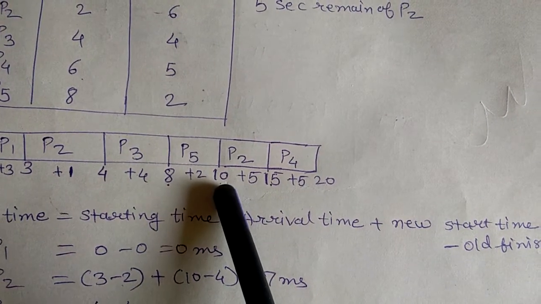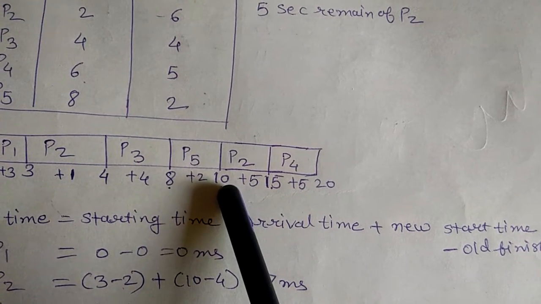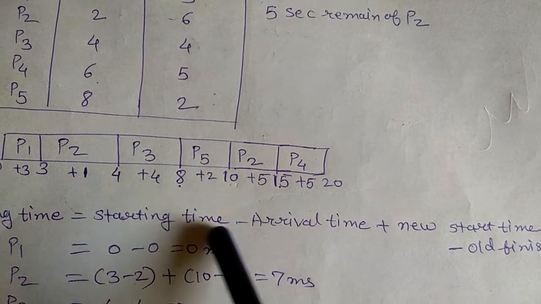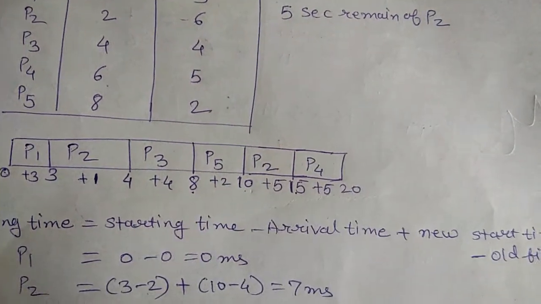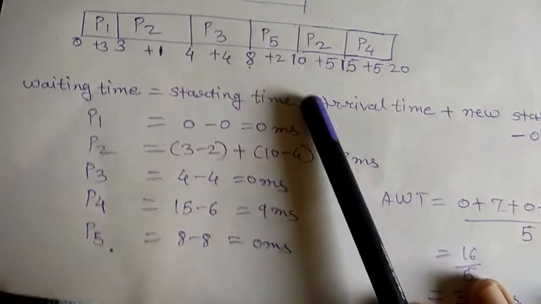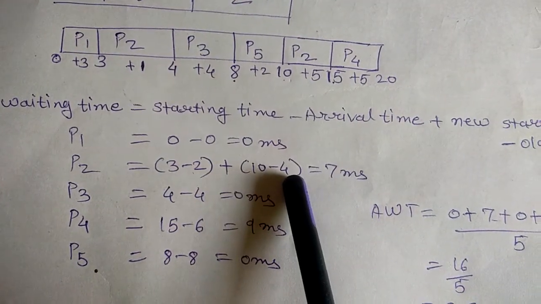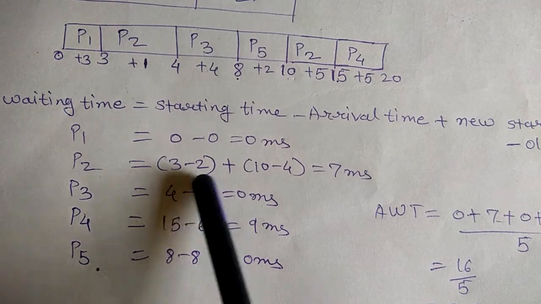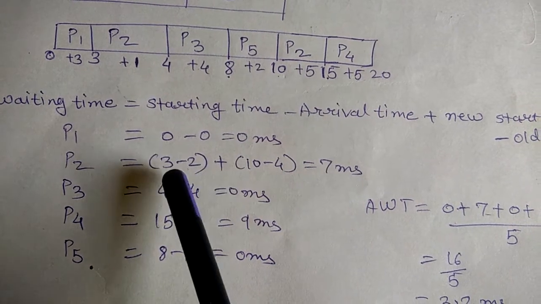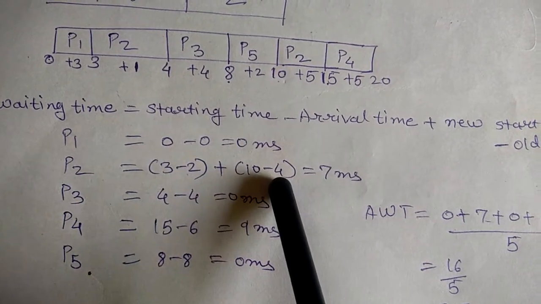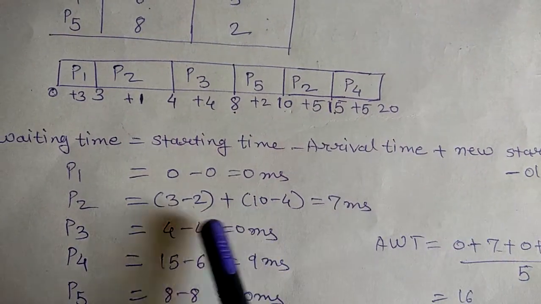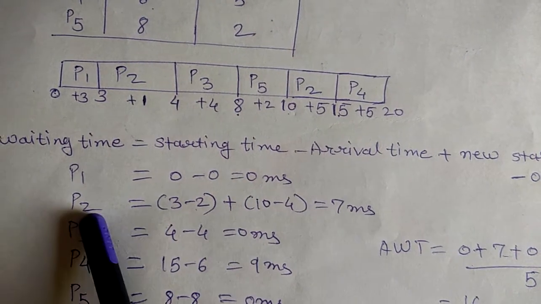The incomplete part of process P2 will start at the 10th second, so that will be the new start time, and the old finish time was the 4th second, right? So 10 minus 4. Let me calculate the brackets first. Here the answer will be 1, here the answer will be 6, right? So 1 plus 6, that equals 7 milliseconds, the waiting time of P2.